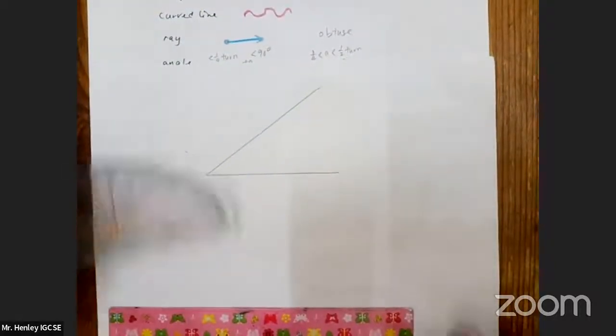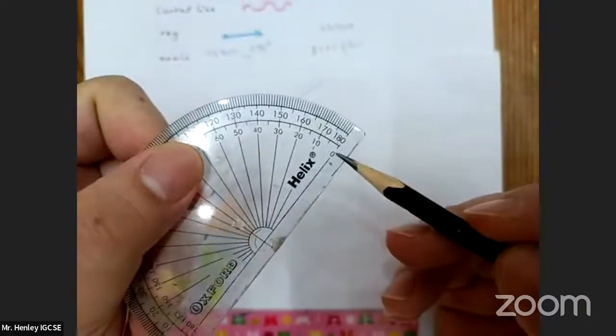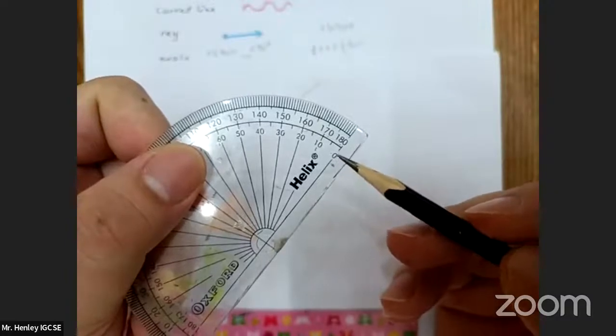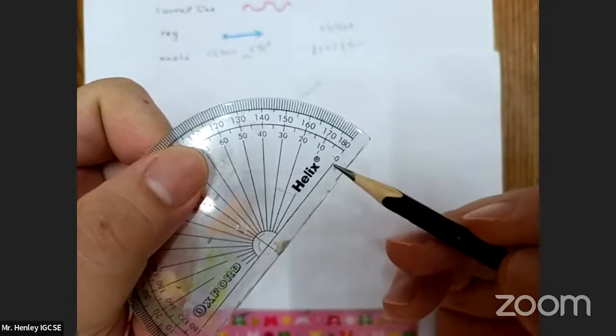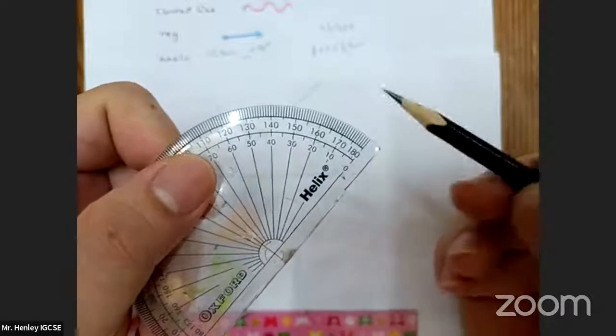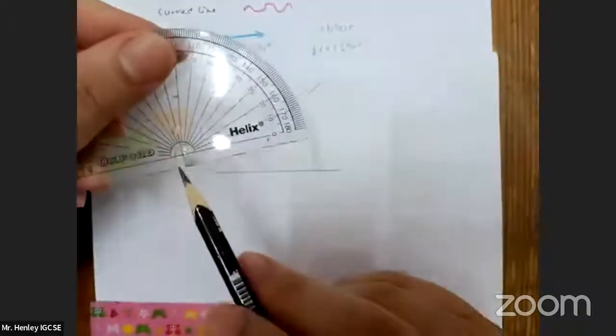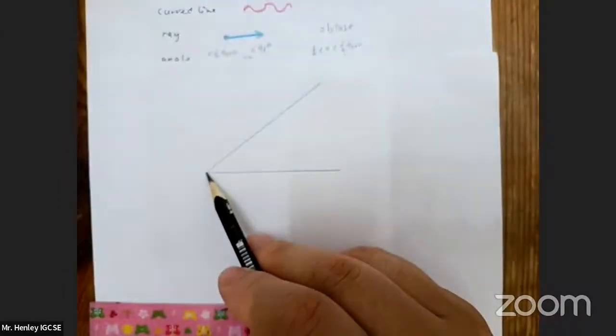To measure the angle, you start from one line. Always remember, can you see, there's a gap here. It's not a continuous line. What is the purpose of the gap here? Then you have the center here. This center you need to place on the vertex of the angle.